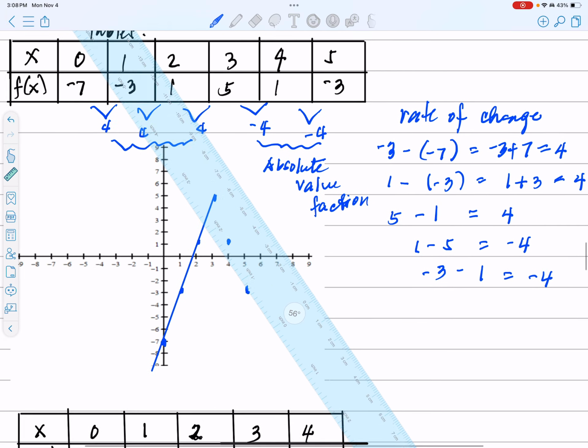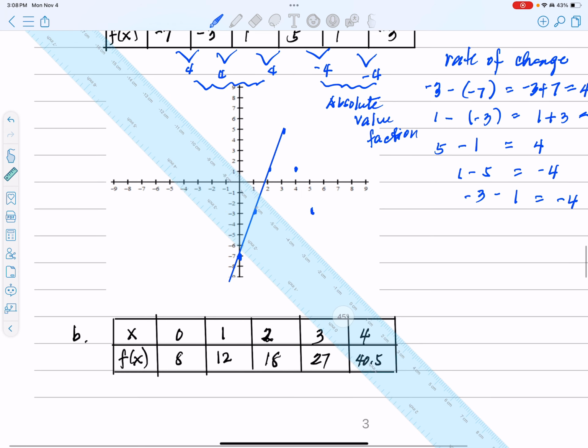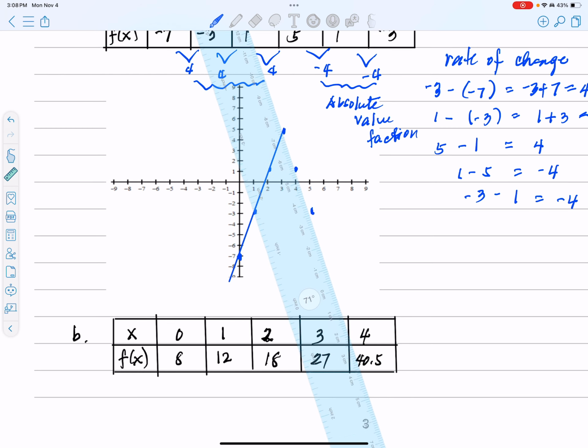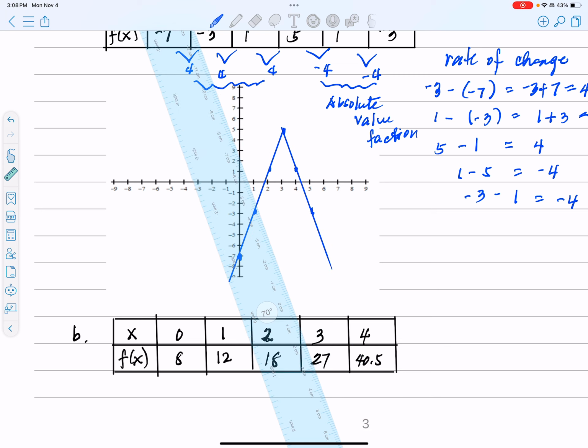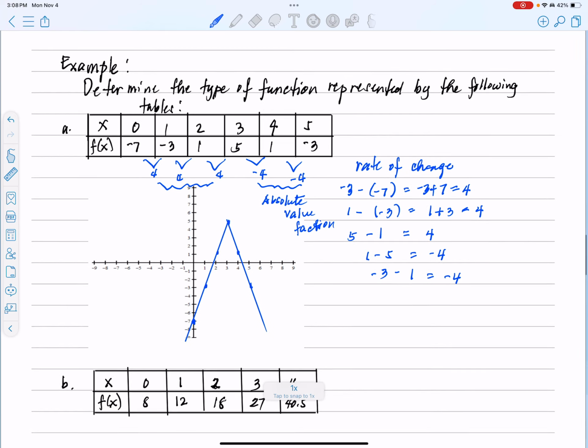By looking at this, I think you can visualize it already, that you have an absolute value graph. All right. So this is an absolute value function.